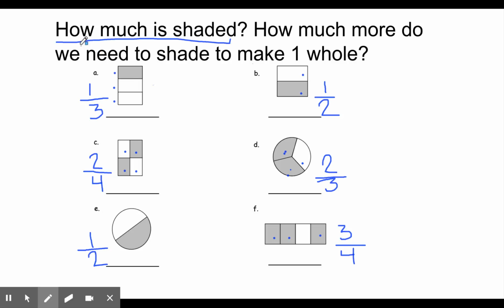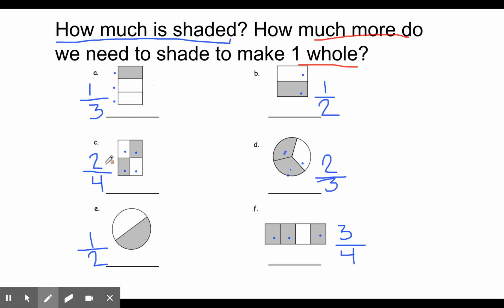So we did step 1 of this problem. Now it's asking a different question. It's asking, how much more do we need to shade to make one whole? Remember, a whole is when it's all shaded. How many more parts would we need to shade this?